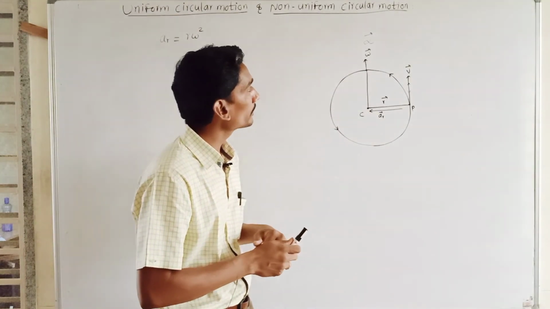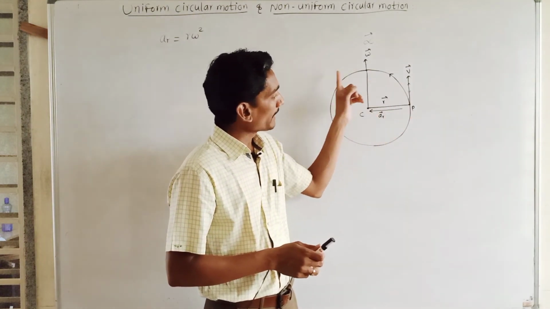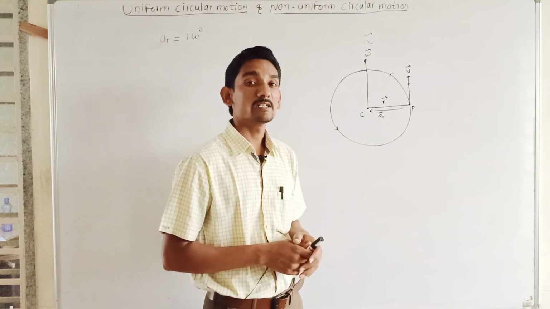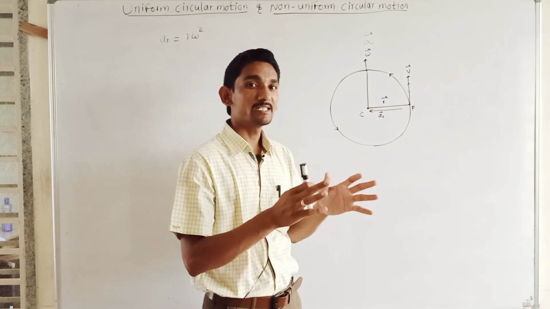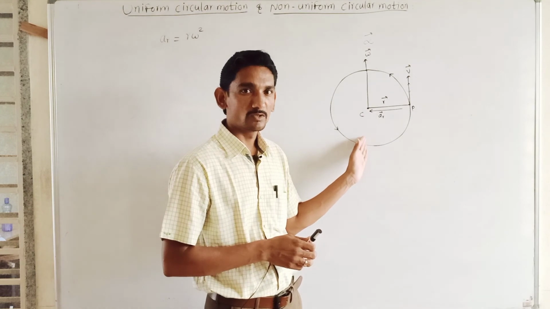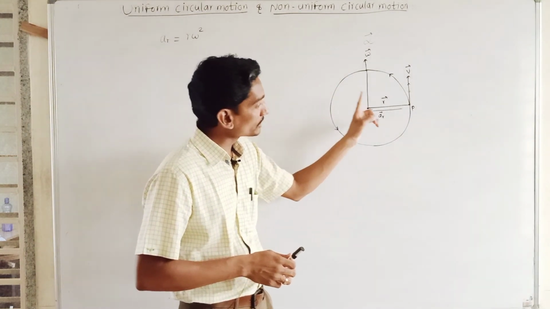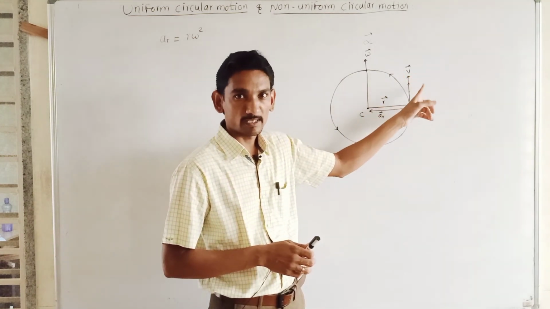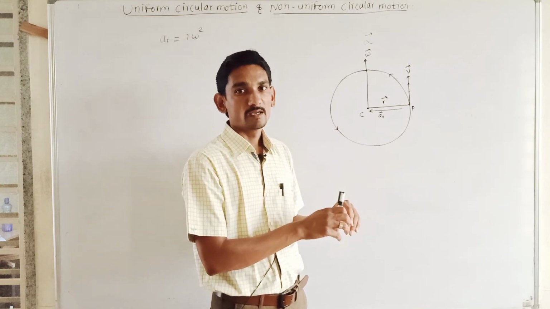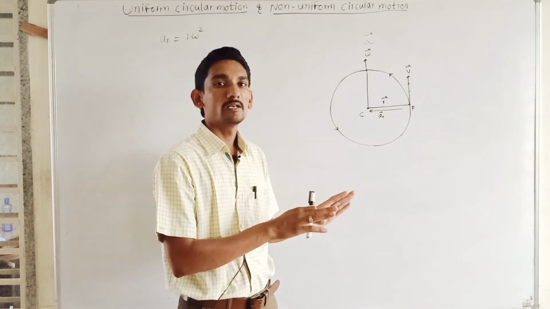And one more important factor: when the particle is performing non-uniform circular motion and changes its velocity, can it change the plane while changing the velocity? No. In non-uniform circular motion, the direction of velocity is along the tangential path. The magnitude of velocity goes on changing, and when it does, the particle does not change the plane.